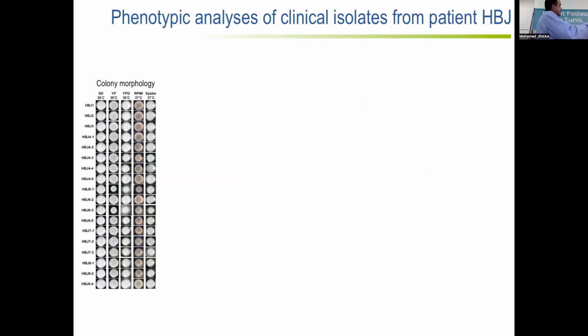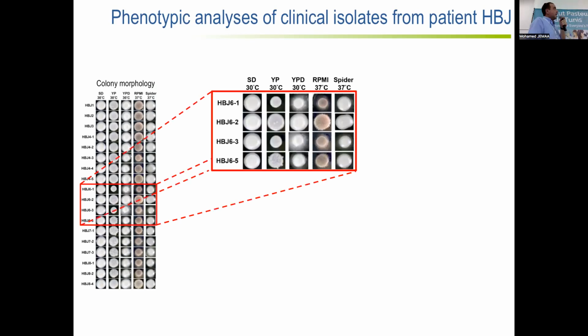So this is a list of clinical isolates from that patient, and we extensively phenotyped those strains to look for phenotypic changes occurring in that patient, that could suggest, okay, maybe this strain is adapting to that context. And we found that a subset of these isolates display colony fuzziness.